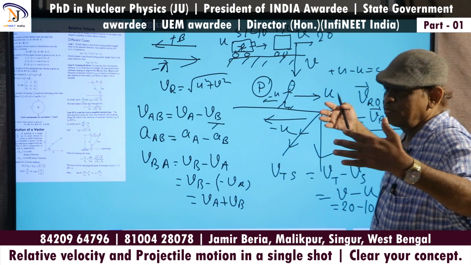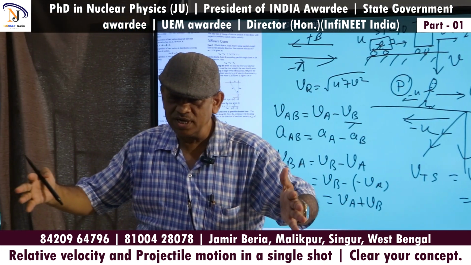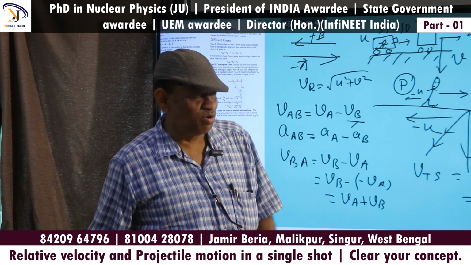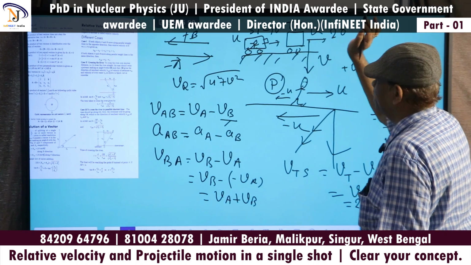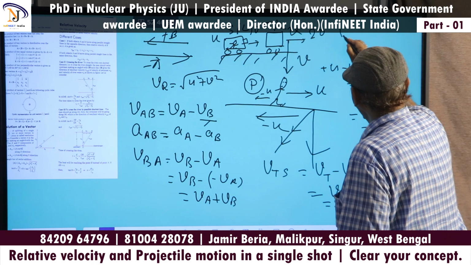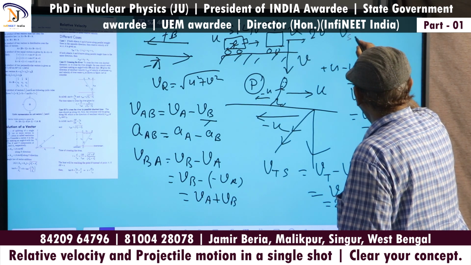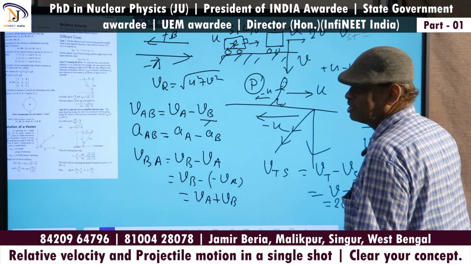Another problem may be asked, from the same example. Suppose there are two locals, they are approaching each other. Okay, what will be the result? Velocity, everything remains the same. Then velocity of Singur local with reference to Tarakeshwar local, what will be the result then?